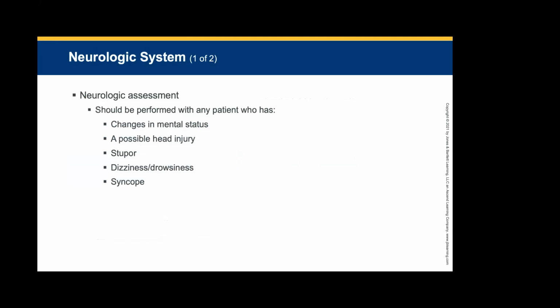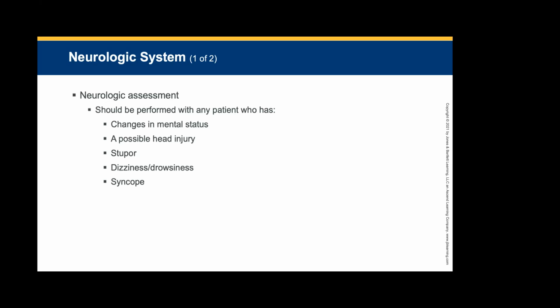Next is the neurologic system. We want to check them as we're doing our head to toe assessment, continuously, talking to them about what's going on. Did we notice a mental change from when we started asking questions at the initial point versus where we're at now? Has anything changed? Is there potential for a head injury?